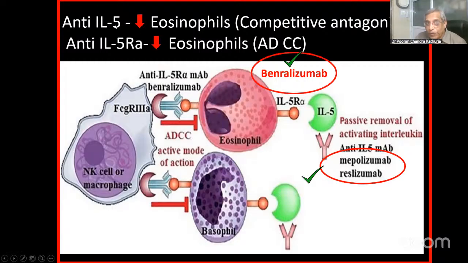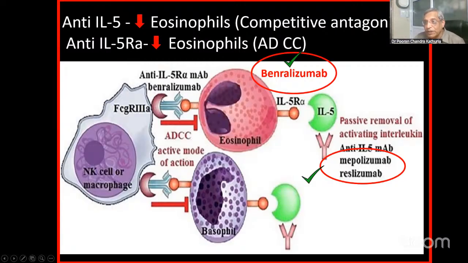Now, mepolizumab, anti-IL-5, acts as a competitive inhibitor on free IL-5, while the anti-IL-5 receptor acts at the receptor level by the mechanism of ADCC, antibody-dependent cell cytotoxicity, which activates macrophages.